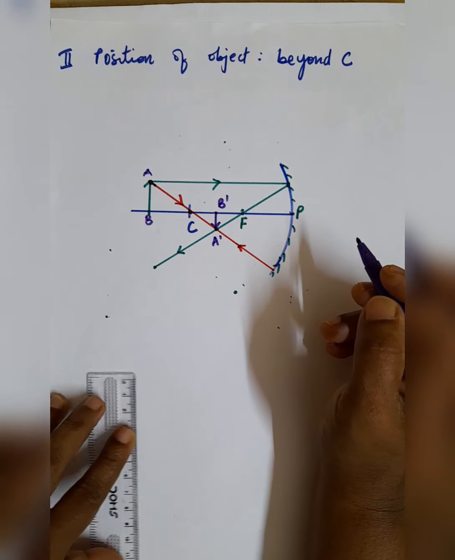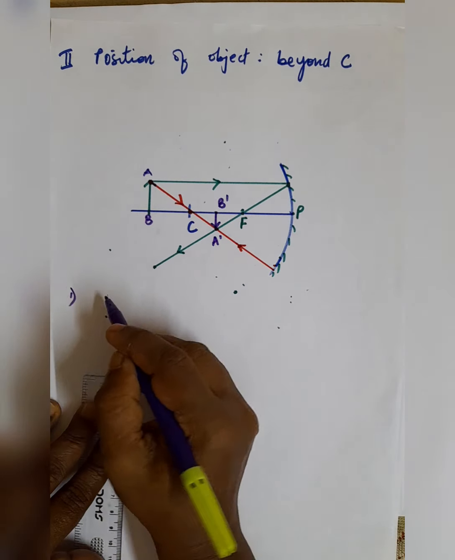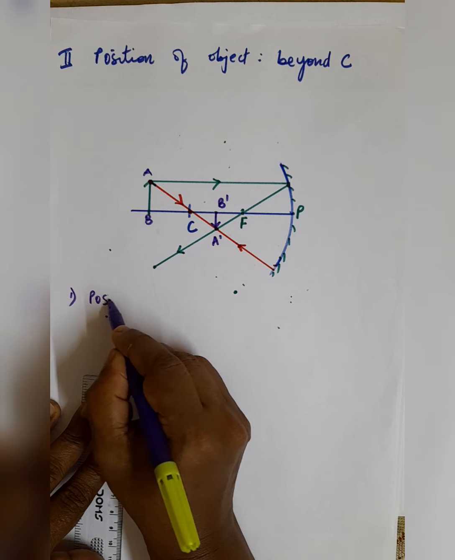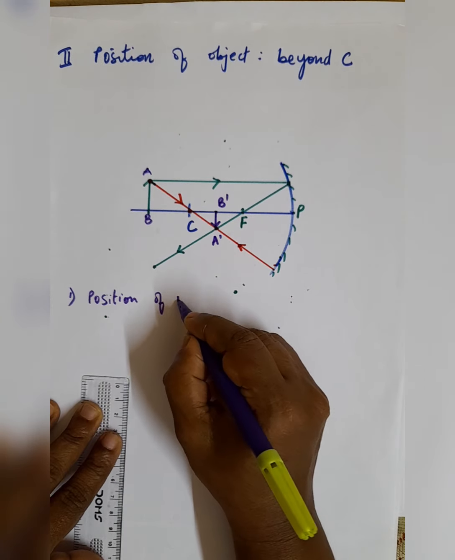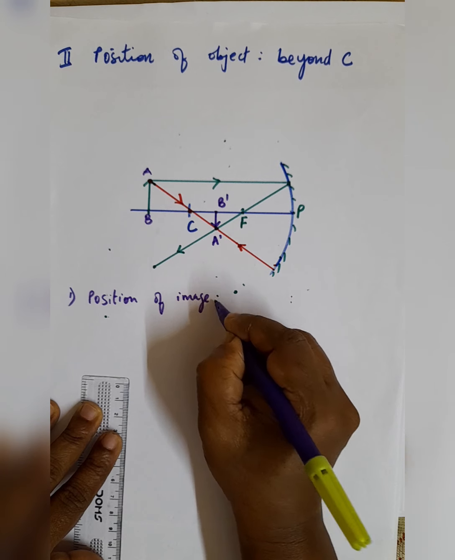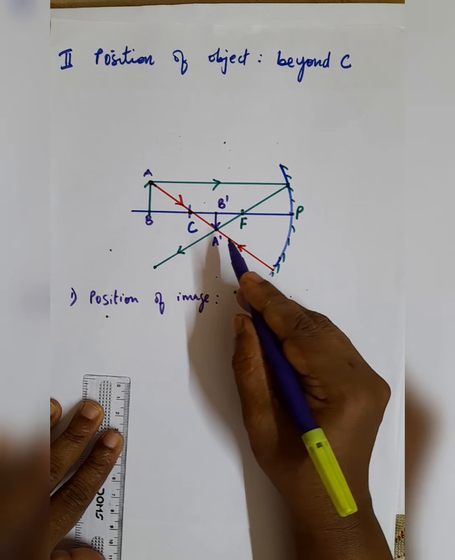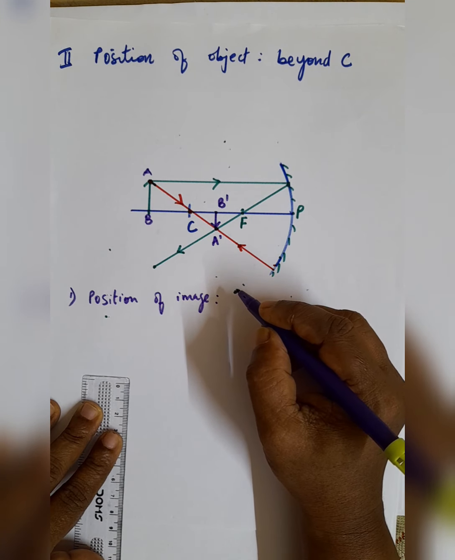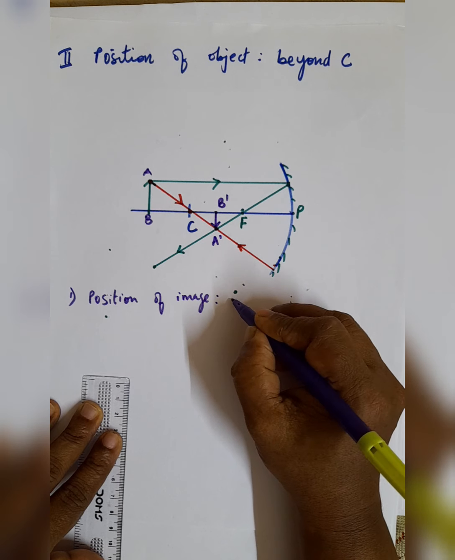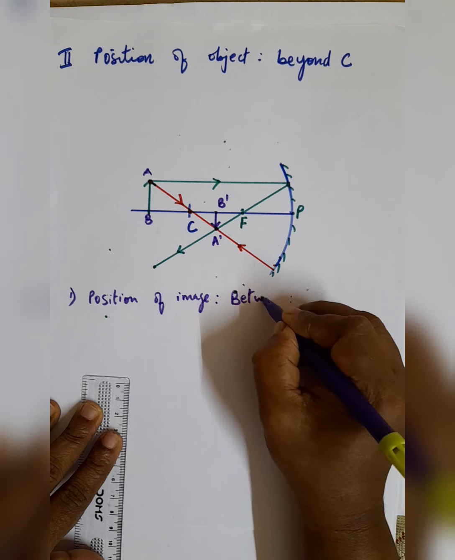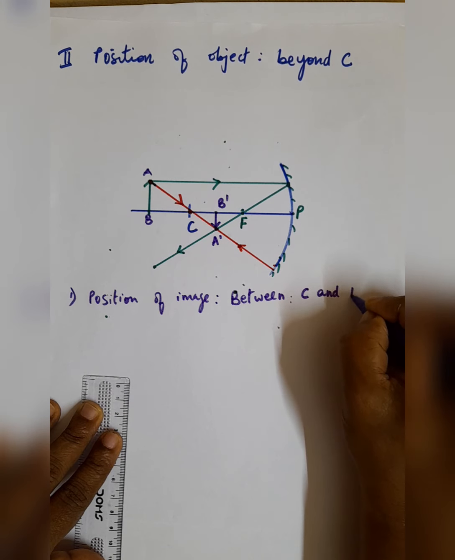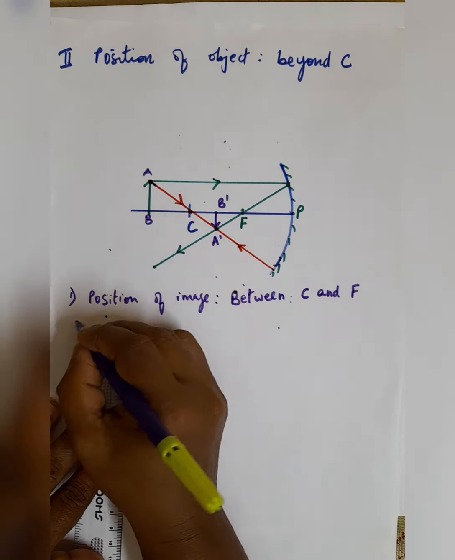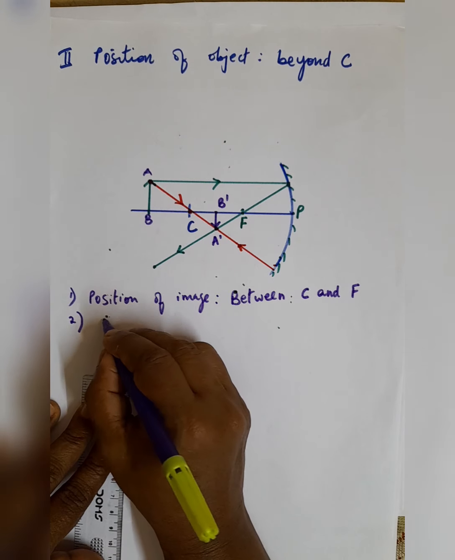So let us write all the 3 points. The first one, position of image, is formed between C and F. Second point, size of the image.